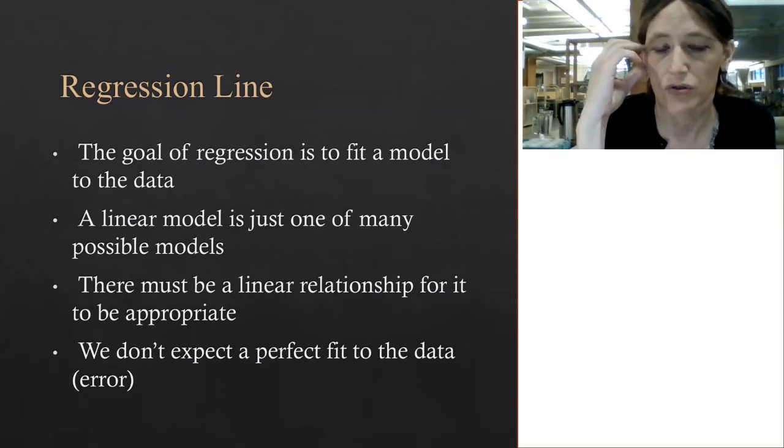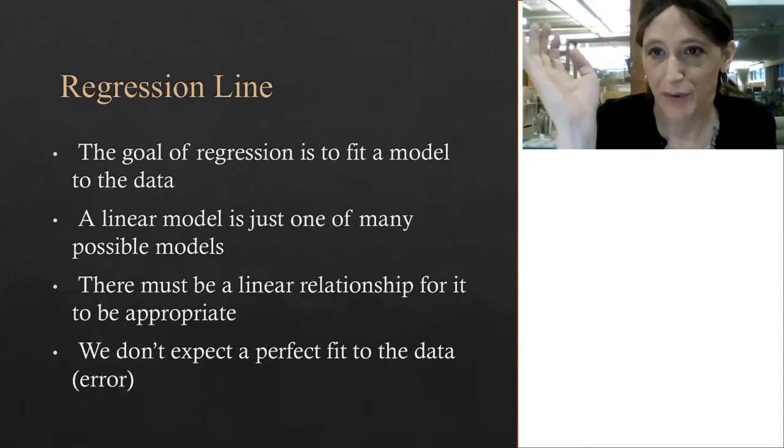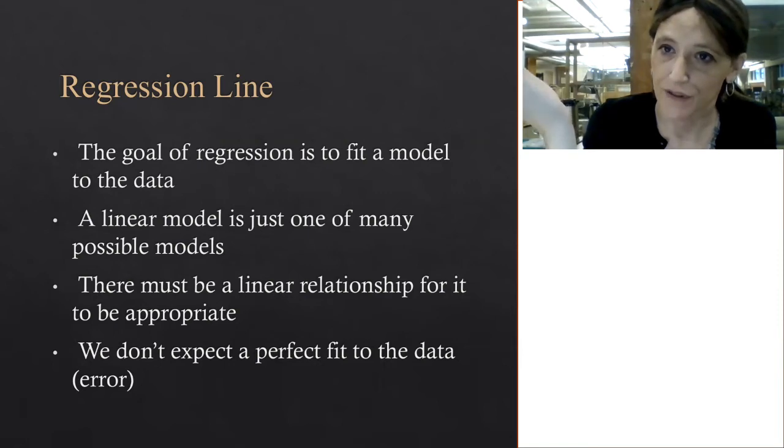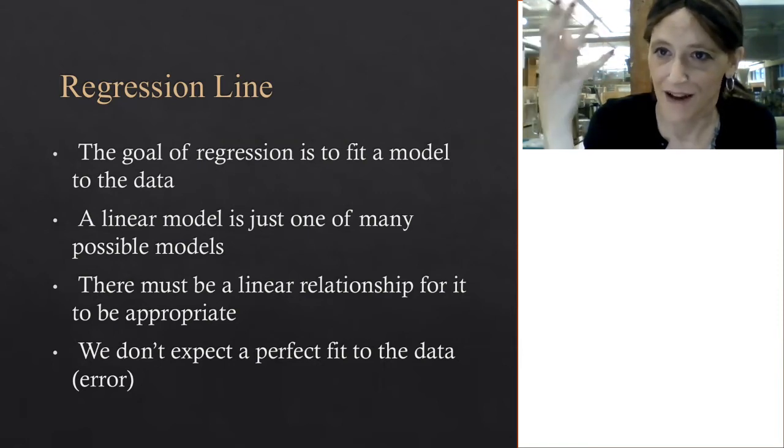So we need to make sure that there's a reasonably linear relationship in our data. Otherwise, it's not appropriate. We don't expect there to be a perfect fit to the data. What we're trying to do is find those best fitting lines that explain as much of the phenomenon of interest. And then we're going to take additional variables and explain what's left of that, okay?